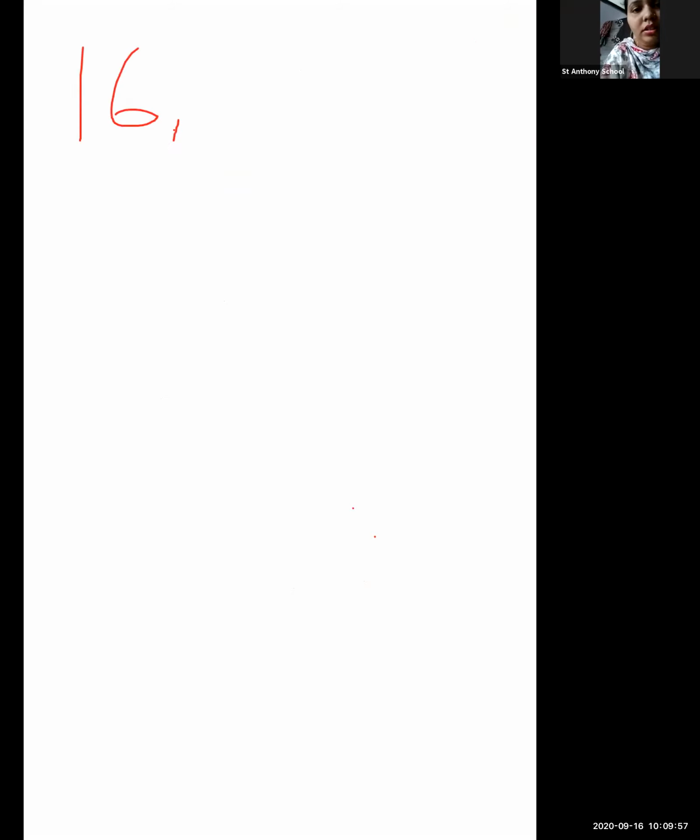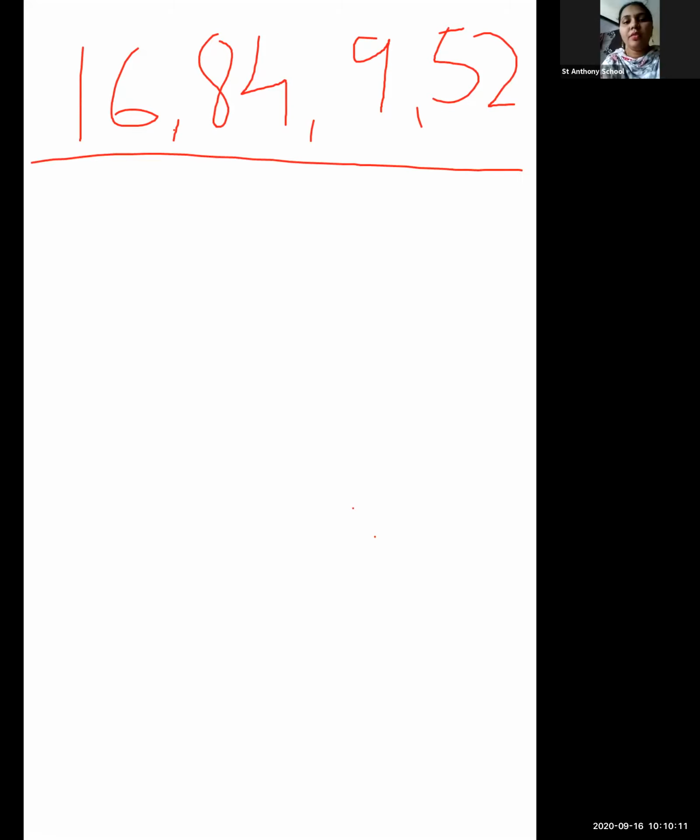16, 84, 9 and 52. Here the numbers are given, okay. 4 numbers are there. First we write the smallest number in 16, 84, 9 and 52.